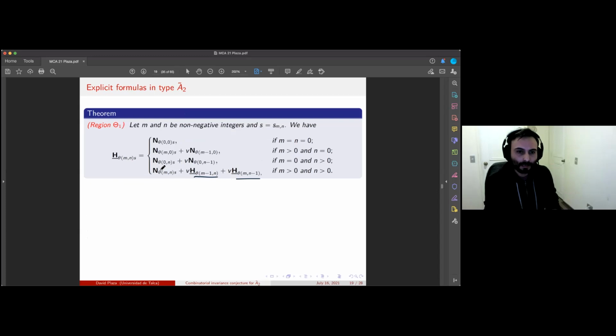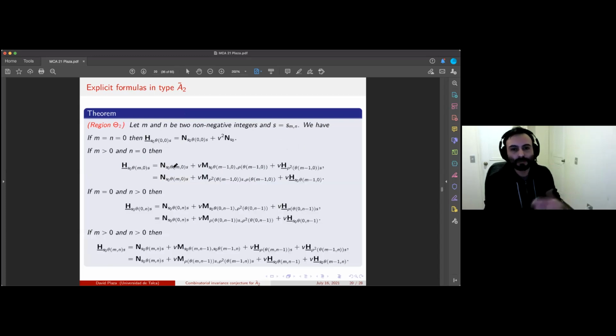Okay, and for region theta 2, the situation is similar, but here as before, we have to separate in 4 cases, and as before, we see some n's. Here we have some m elements, and also some occurrences of Kazhdan-Lusztig basis elements, but all of them are indexed by elements in the previous region theta 1.